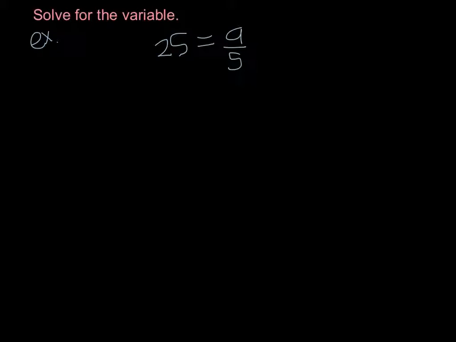Now a division problem. You'll notice that in this problem, our variable is on top, it's the numerator. So we're dividing. So 25 equals a over 5, or a divided by 5, because this little fraction line means divided by. So the opposite of division, or the inverse operation, is multiplication.